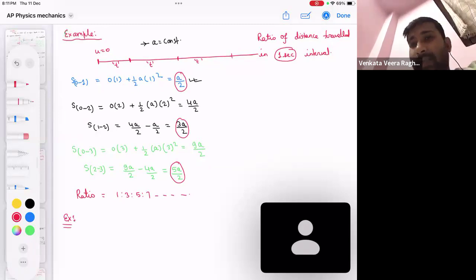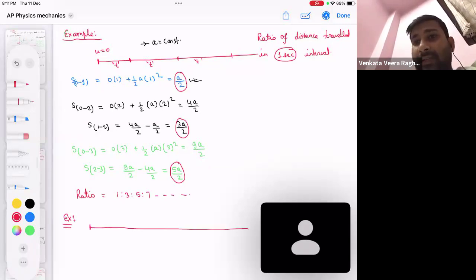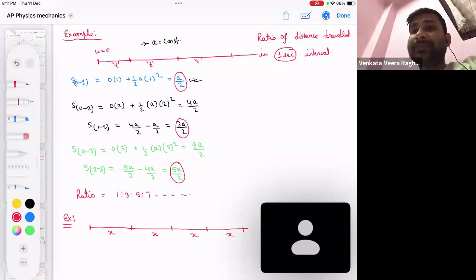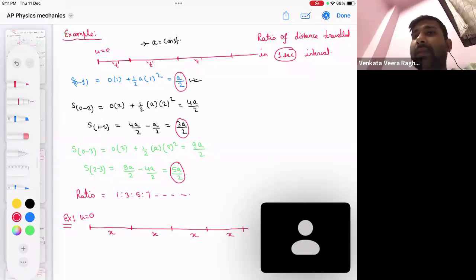The same question will be asked in a different way. In this question, I am going to divide the total journey into equal distance. Understood? Equal distance. So what will my question be?